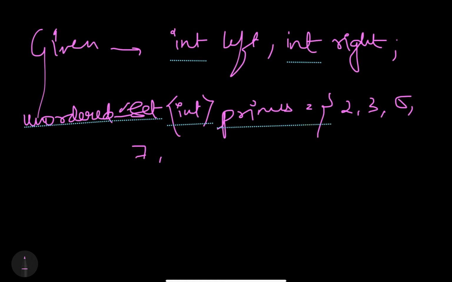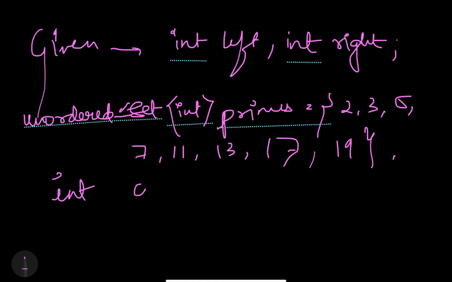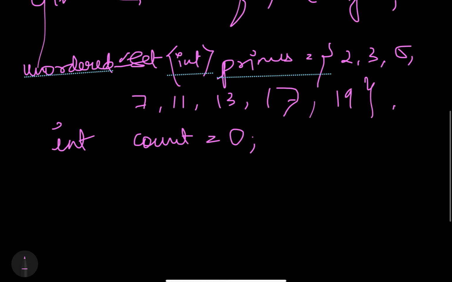Okay, so it will cover all the prime numbers that can come in our number of set bits. Then we can take a count variable in which we'll store our final count, which will be our answer, and we can initialize it with 0.